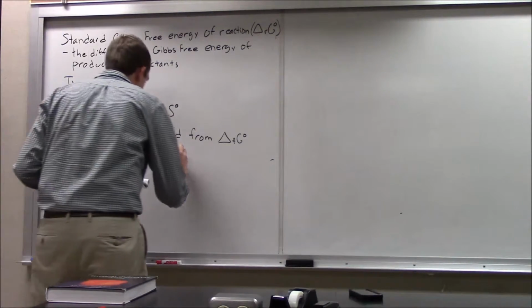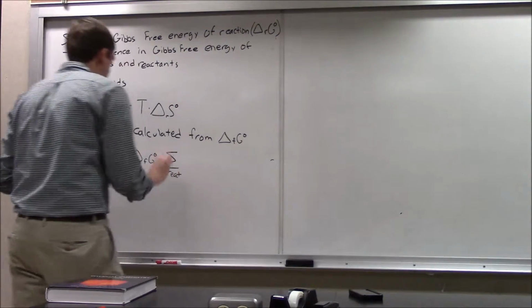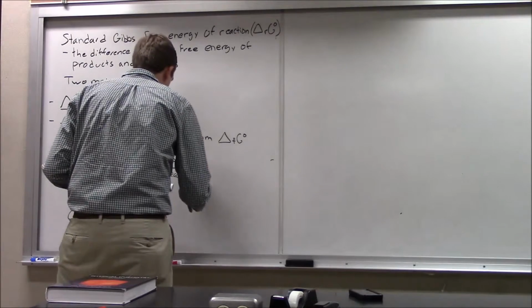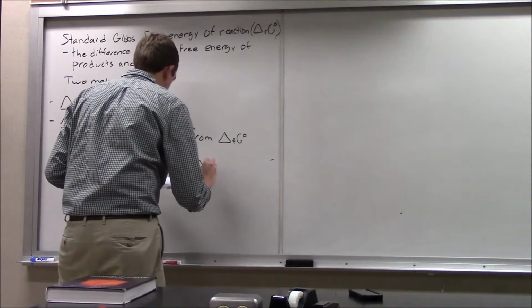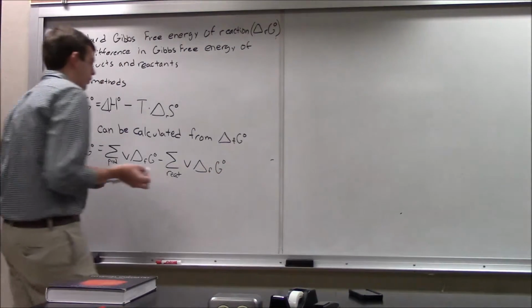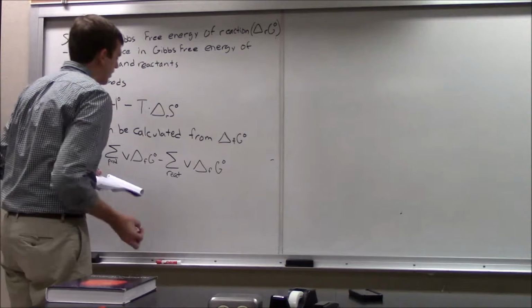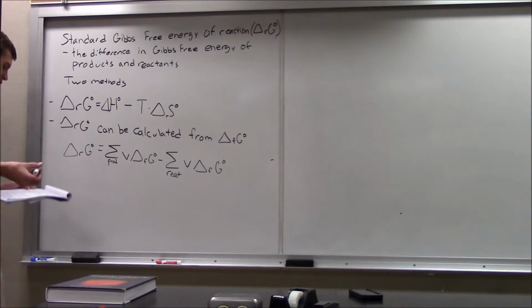And then for that we're going to subtract the sum of the same thing but for the reactants. And so V here is once again your stoichiometric coefficient. You have your Gibbs free energy of formation for all your reactants. So you sum these two up, you subtract each other, you're going to get out the reaction Gibbs free energy here.